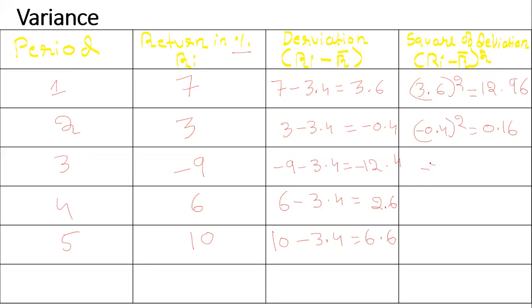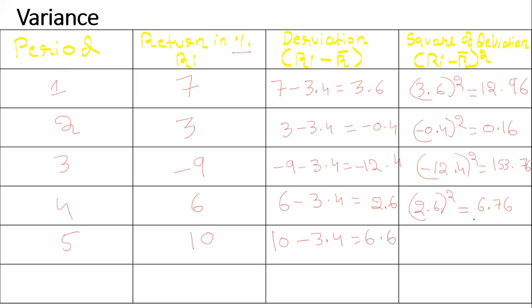And here minus 12.4 square, so we will get 153.76. And here 2.6 square is equal to 6.76.